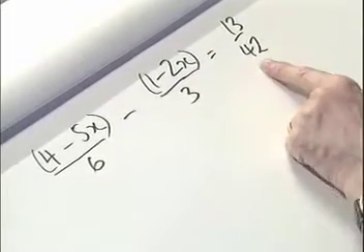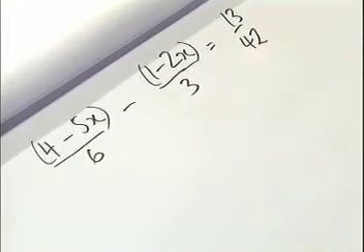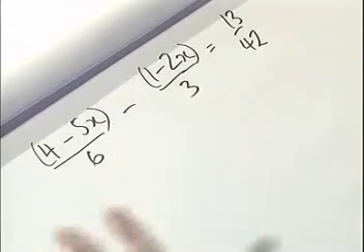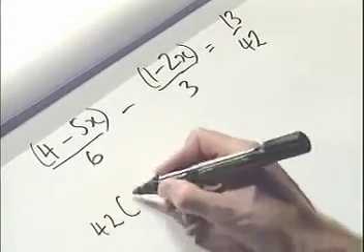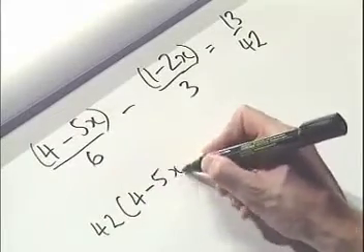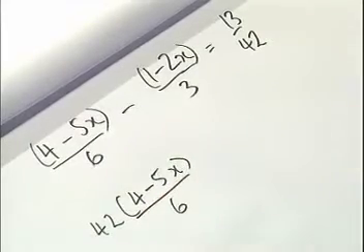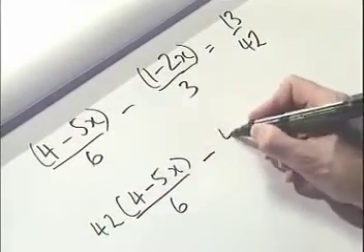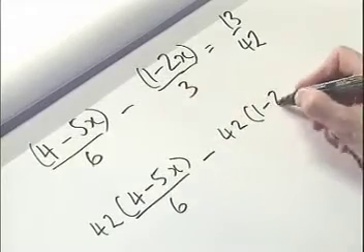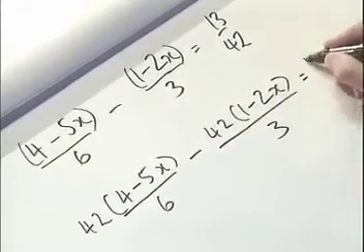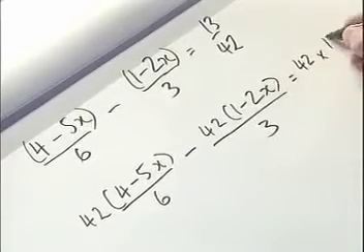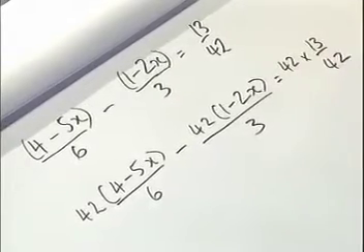So let's choose 42 as our denominator and multiply everything by 42. So we'll have 42 times 4 minus 5x all over 6 minus 42 times 1 minus 2x all over 3 equals 42 times 13 over 42.